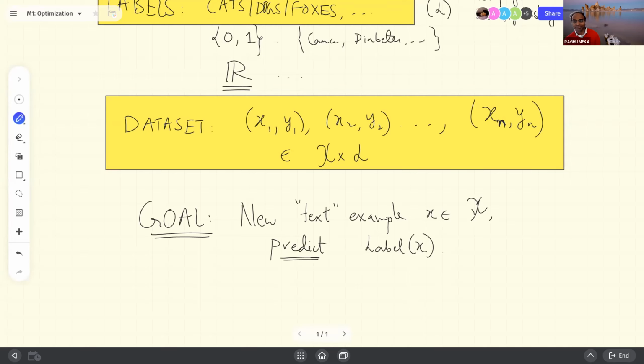Our output should be an algorithm, right? We don't have a specific test example on which we're trying to predict the label. Our goal is to design a prediction algorithm, right? So we want a way to do the prediction, some object which, whenever given an image or a new element from the domain, outputs a label.